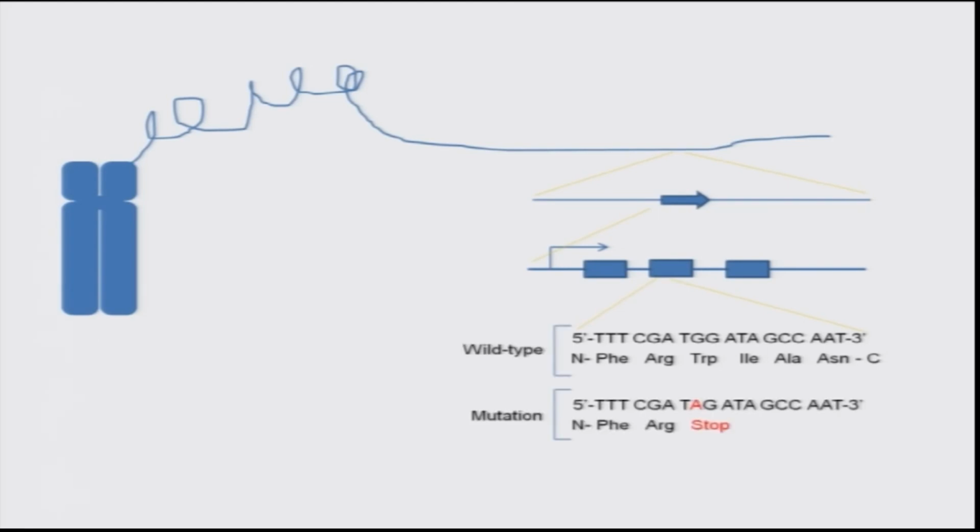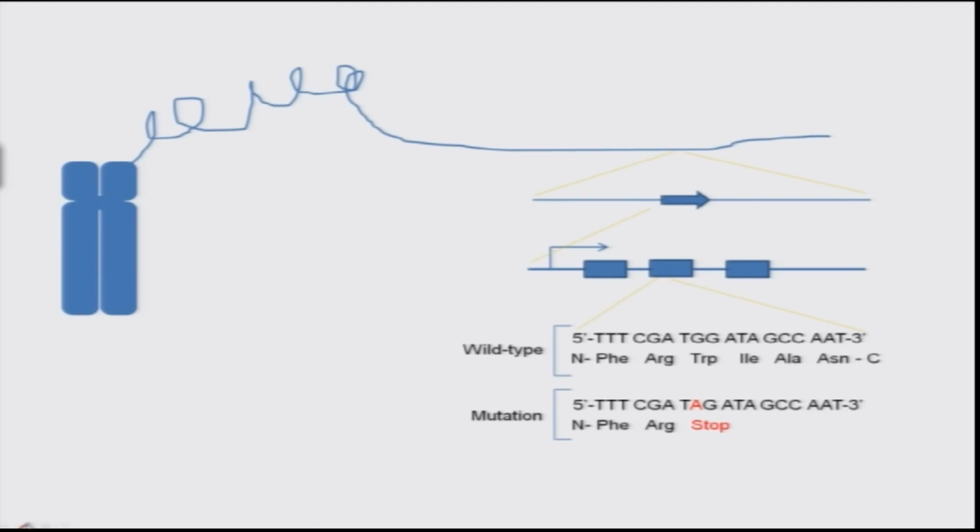Now, what happens in case of disease? You could have some change in the DNA sequence which may affect the way the gene functions, or which may affect the way the protein functions, or the protein may not be made, or made but not properly functioning and so on. What we have shown here is a point mutation, something that we discussed in our previous class.